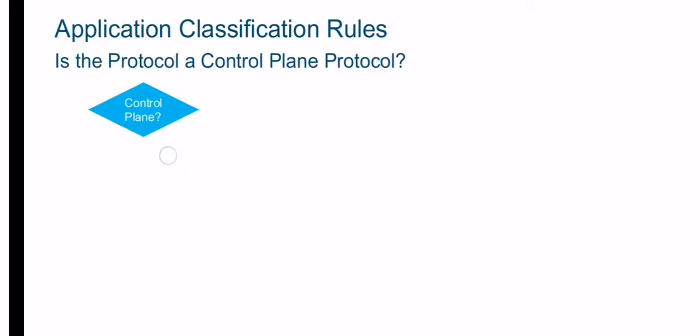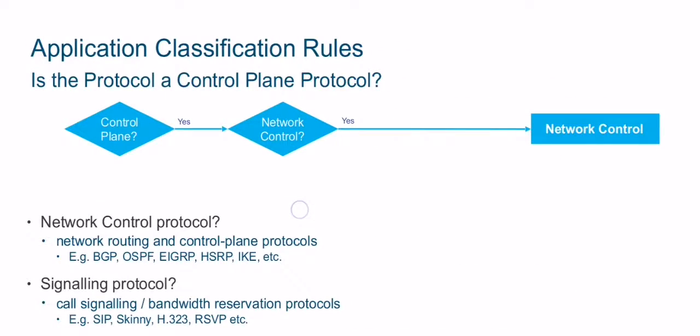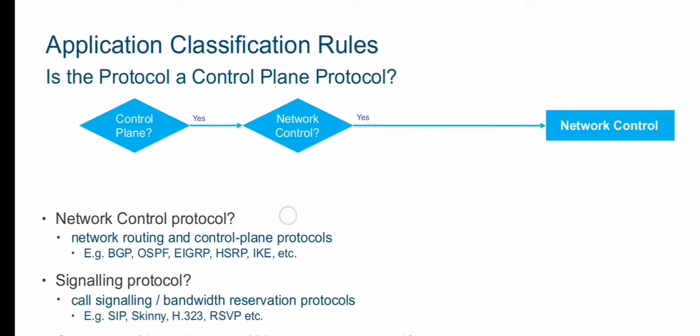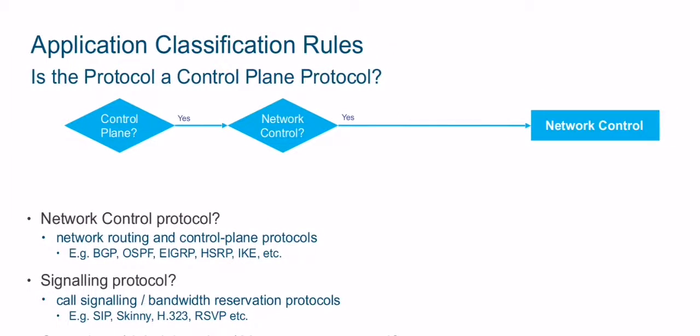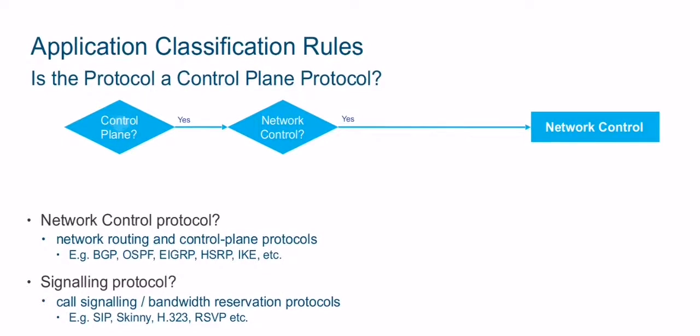And, well, application classification rules. This is just telling you practically how can you define what criteria you will take into consideration to classify your traffic. And here, is it control plane?